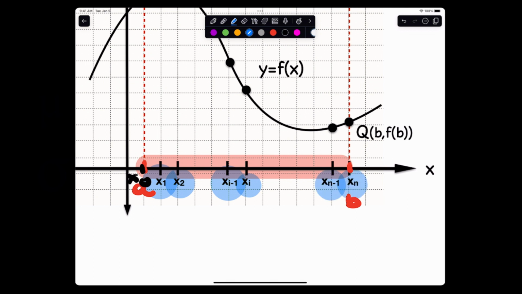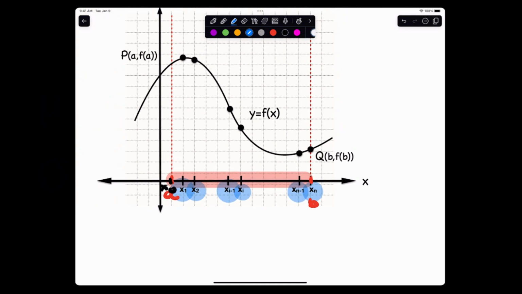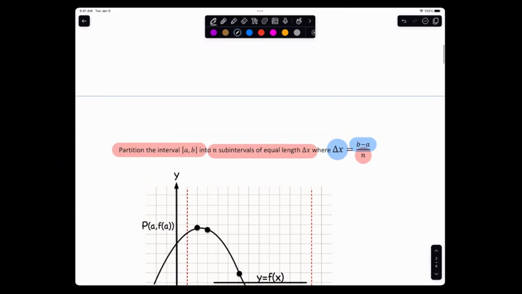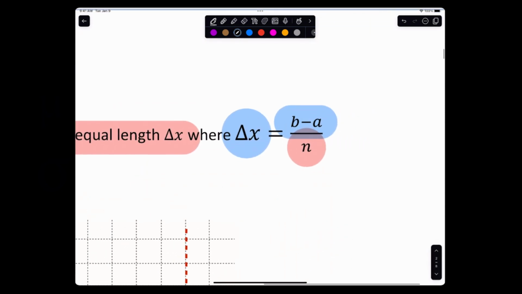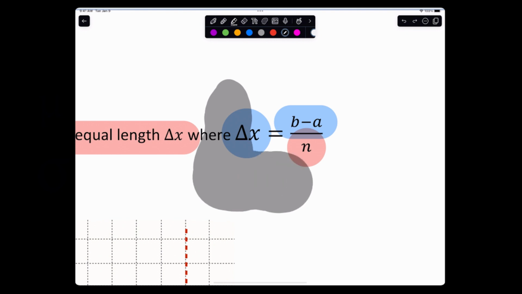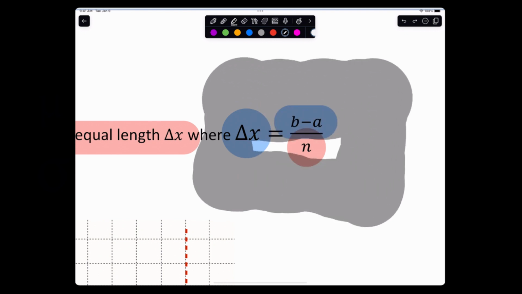So you're going to see these partitions here. And the distance between these partitions down here is all equal length delta x. And this is a very important formula here that I want you guys to really pay attention to. Okay, you guys are going to be using that delta x definition.